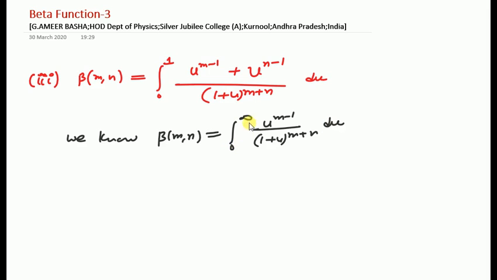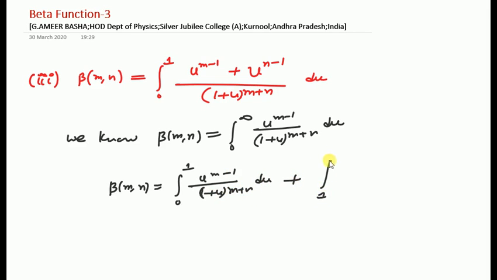It is from 0 to infinity now; split it into 0 to 1 and 1 to infinity. If I split the limits, it is the integral from 0 to 1 of u^(m-1) divided by (1+u)^(m+n) du, plus the integral from 1 to infinity of u^(m-1) divided by (1+u)^(m+n) du.